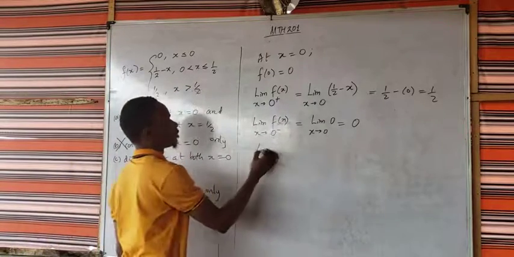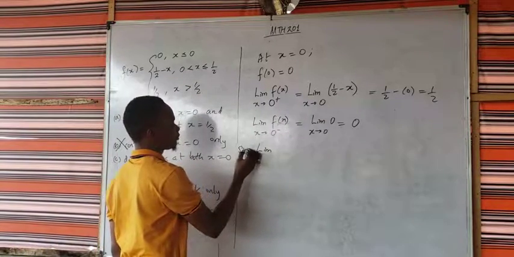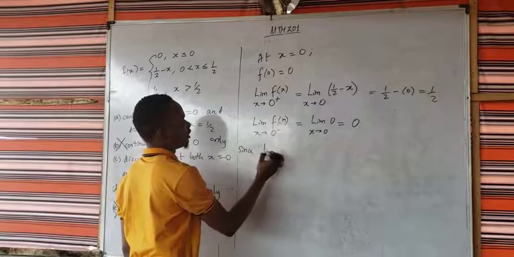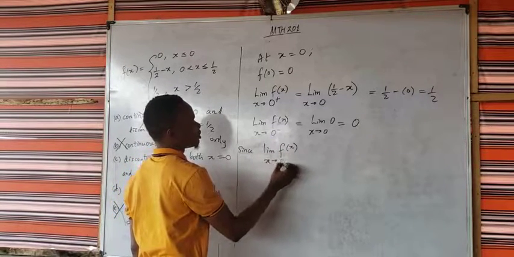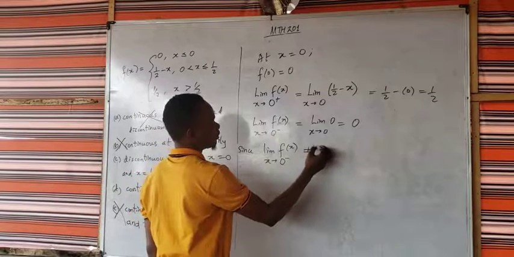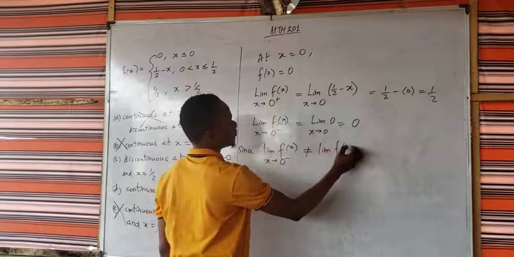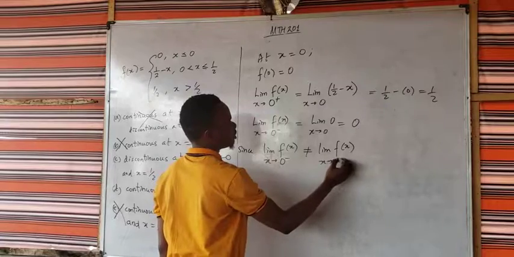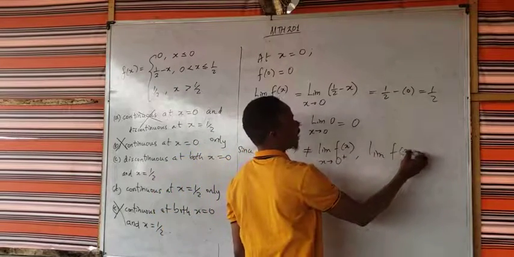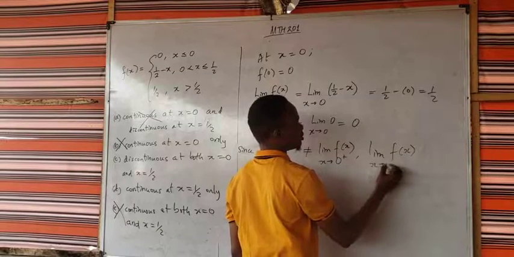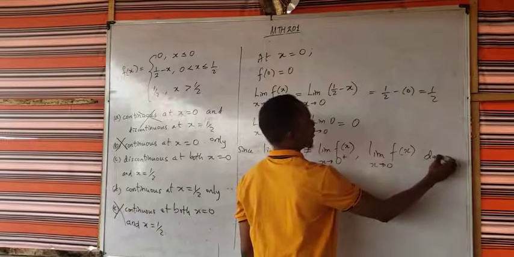So don't forget the conclusion here. Since the limit of f of x as x approaches 0 from below is not equal to the limit of f of x as x approaches 0 from above, the limit of f of x as x approaches 0 does not exist.